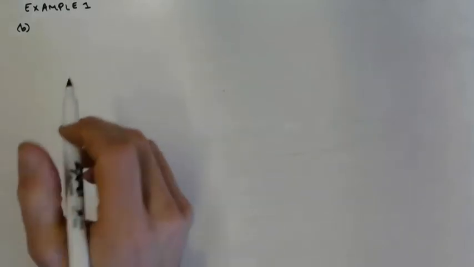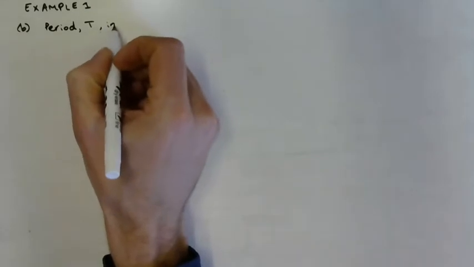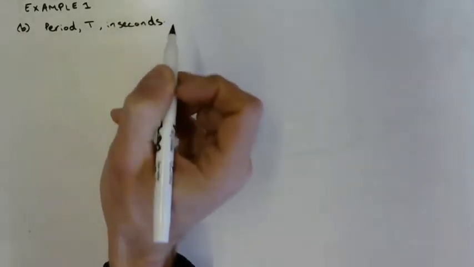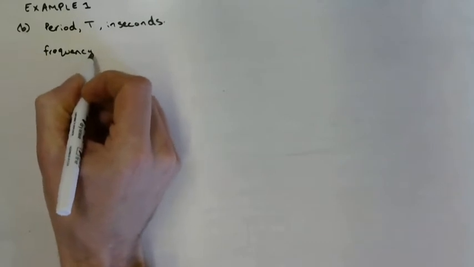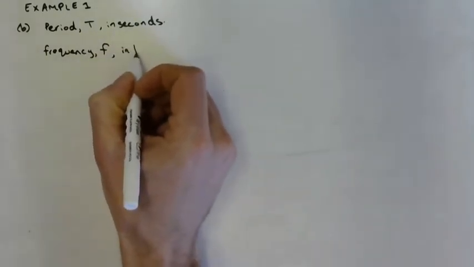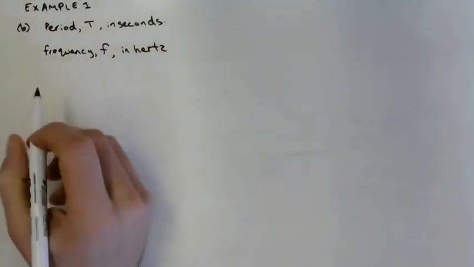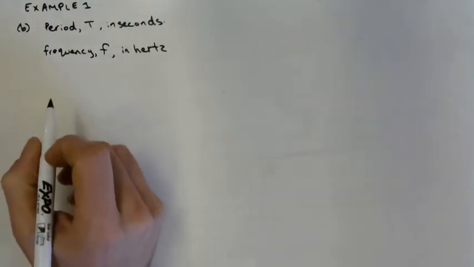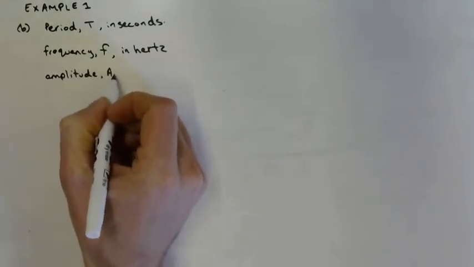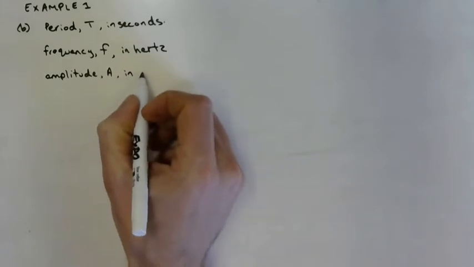Okay, in example 1b, we're going to determine the period T in seconds, which we've already done, the frequency f in hertz, and amplitude A, which is measured in volts, for this signal.